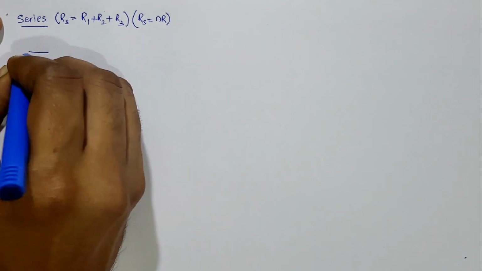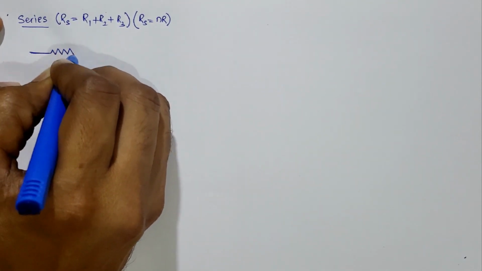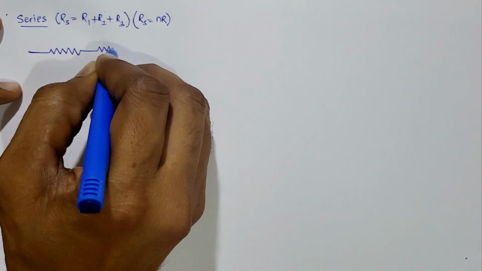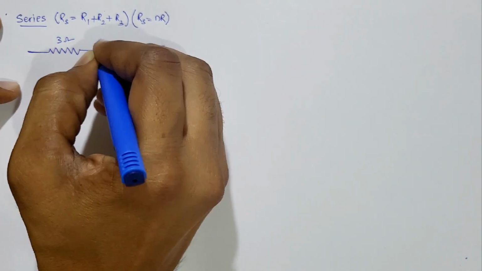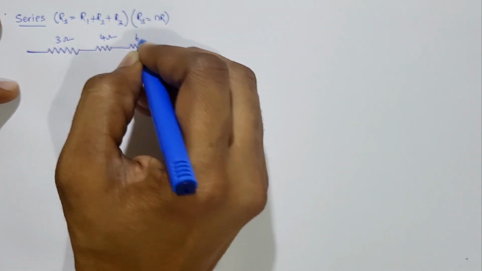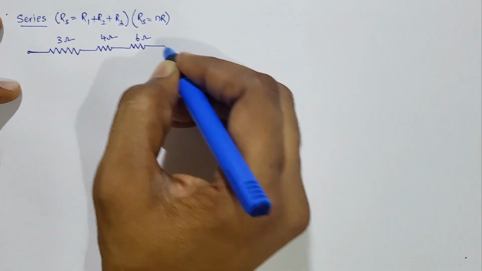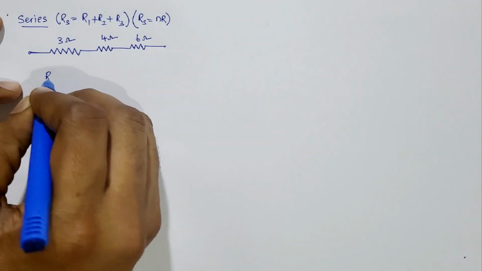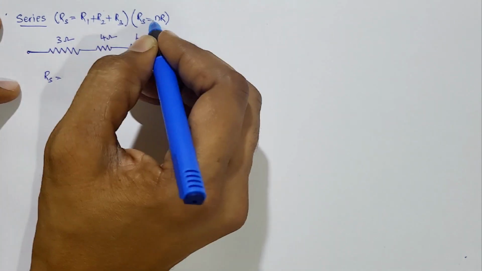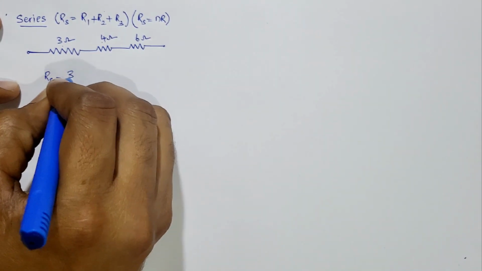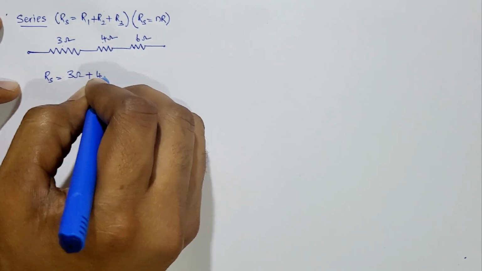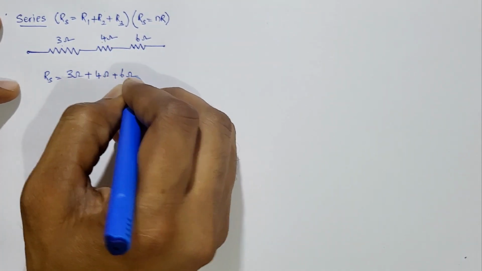So now, 1, 2, 3. Let us take this as 3 ohm, this as 4 ohm, and this as 6 ohm. What is the equivalent resistance now? Rs is equal to R1 plus R2 plus R3. 3 ohm plus 4 ohm plus 6 ohm.